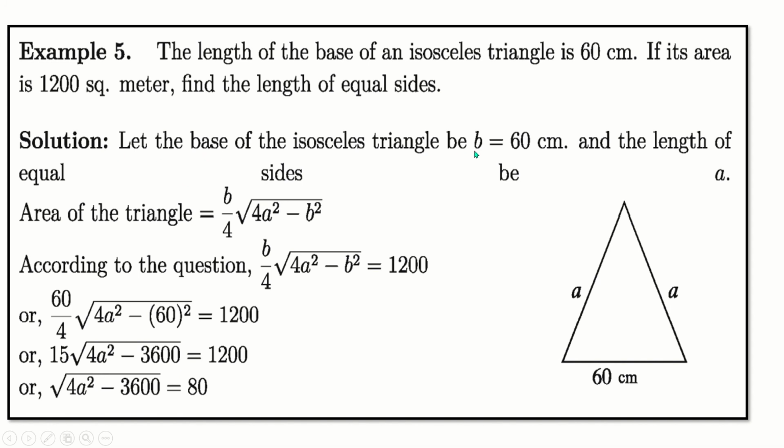Now follow the solution. Let the base of the isosceles triangle be equal to 60 centimeter and the length of the equal sides be A. We know the area of an isosceles triangle equals B divided by 4 square root of 4A square minus B square. And according to the question, B divided by 4 square root of 4A square minus B square equals 1200. Now putting the value of B as 60 centimeter, but as only 1200 square meter is given here, this is wrong.